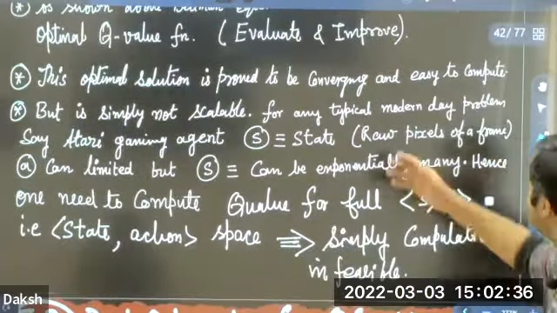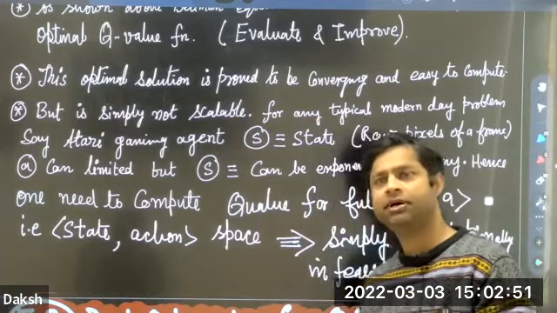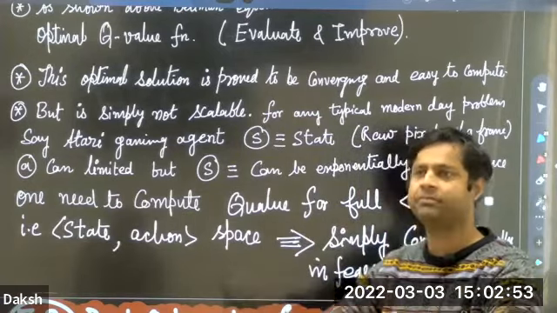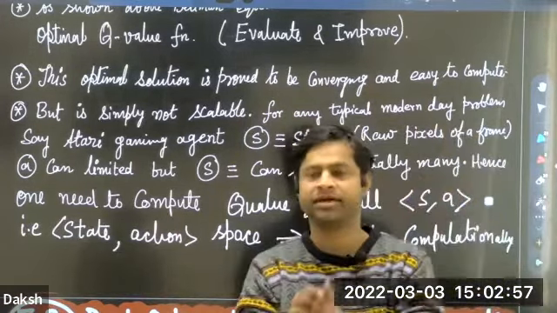And as we all know, how many states can you have in an Atari game in which one frame is a state? In a frame there may be m cross n pixels, so m cross n different positions, and for each of them 256 different possible values.